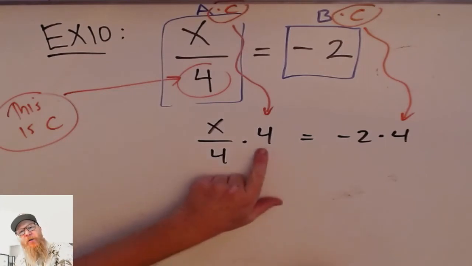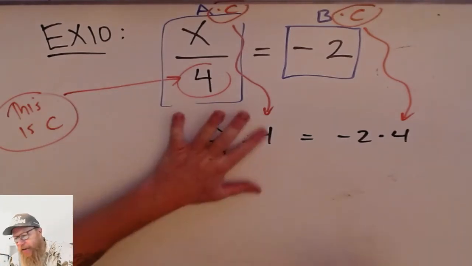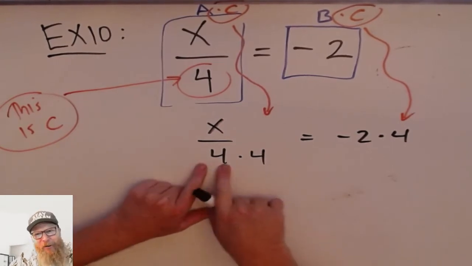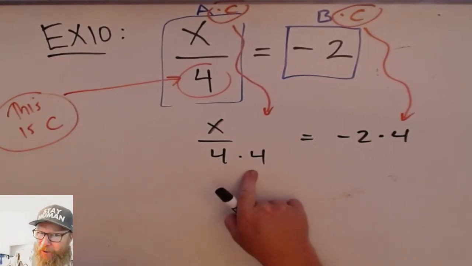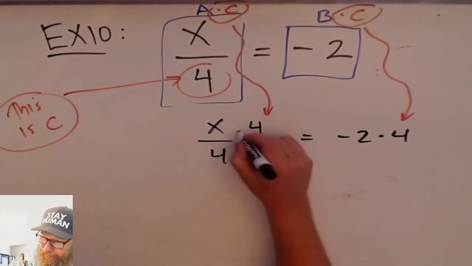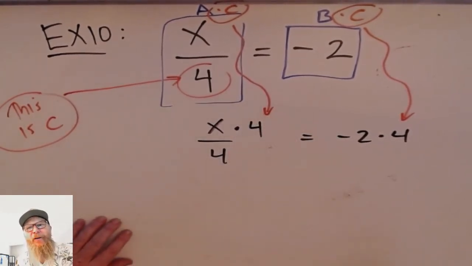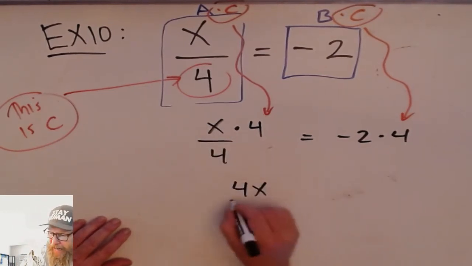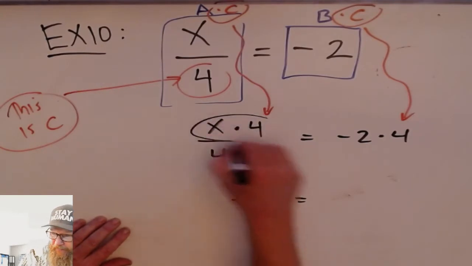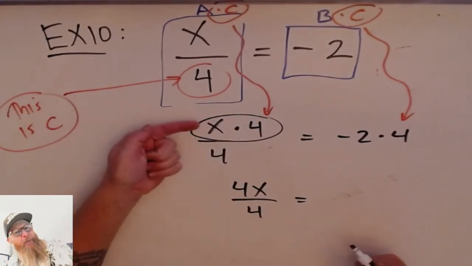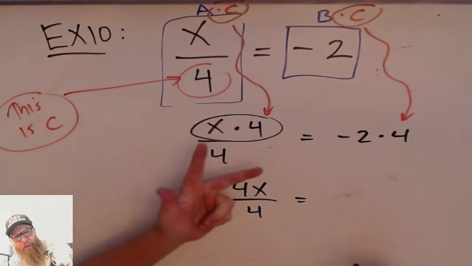Make sure you multiply in the numerator. You don't want to go like this, because if you go like that, you're going to get 4 times 4, and it's going to be 16. You don't want to do that. So multiply in the numerator. All right. So this becomes 4x over 4. And probably in the next example, I'll just multiply to the left, and then you don't have to worry about switching the order.